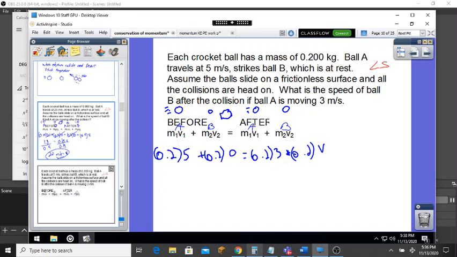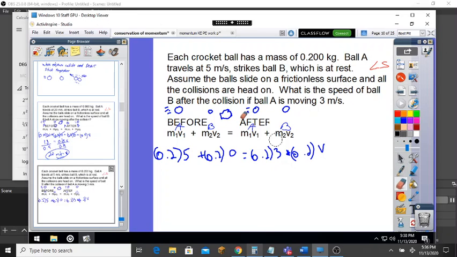Both of them are going to be moving, right? Let's draw a little. After they collide, let's say this one starts moving that way, and this one starts moving that way, because it collided. Okay? So we set up everything here.